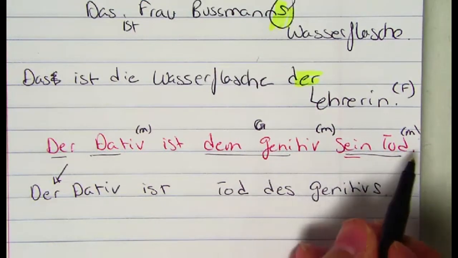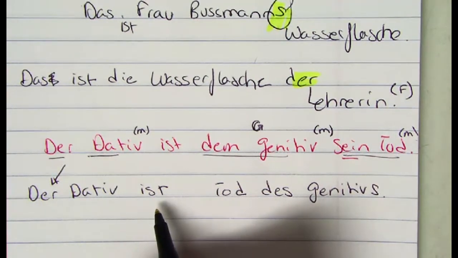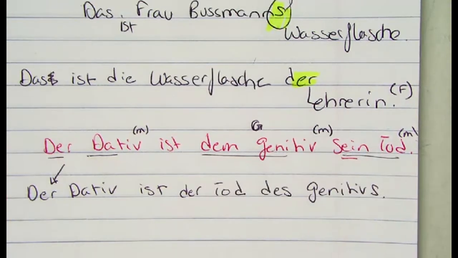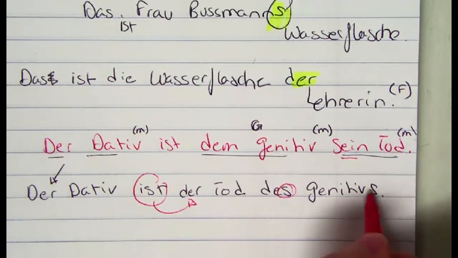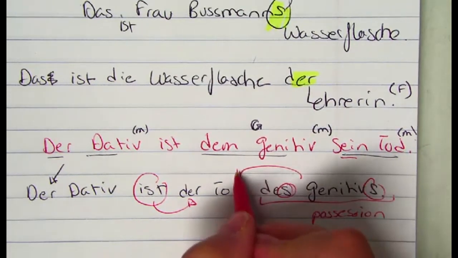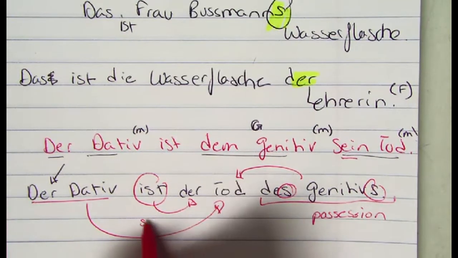Now are we going to say den or der? So this is der, and that's because we've got the verb to be followed by der. Des is marked as genitive case. This shows possession of der Tod. And dative is subject completion.